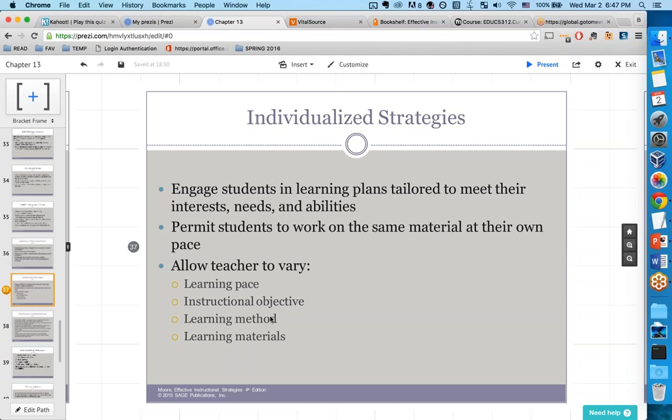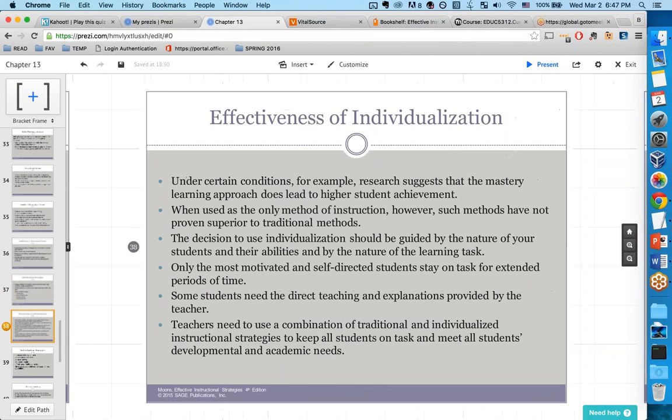This allows teachers to vary learning pace, instructional objectives, learning methods, and learning materials. Under certain conditions, for example, research suggests that the mastery learning approach does lead to higher student achievement.